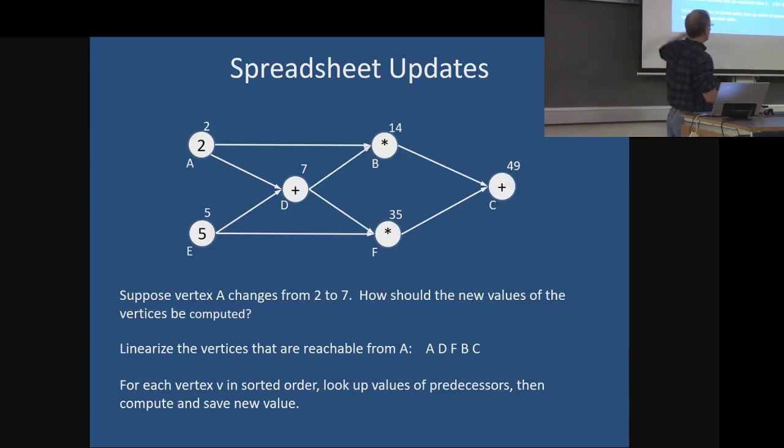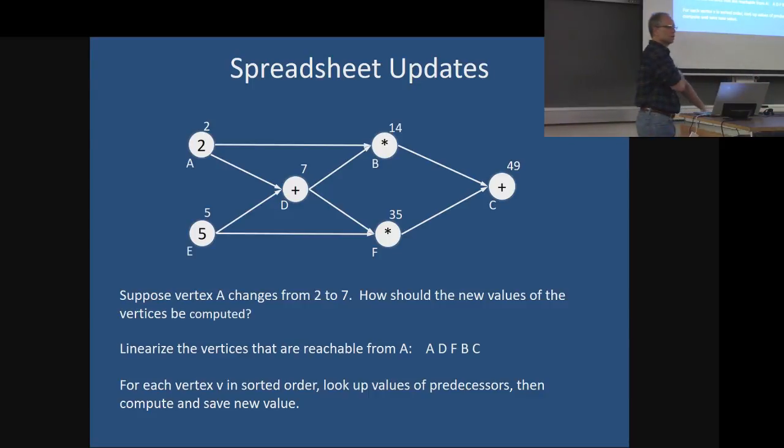How do we know that if we do the updates in topological order that we're okay? I mean, what we want to avoid, we don't want to start by recomputing C. What would happen if let's say we changed A to something and we started by recomputing C? What would go wrong?